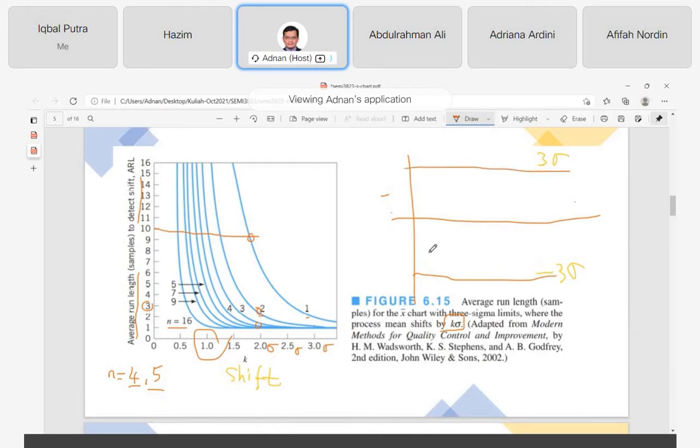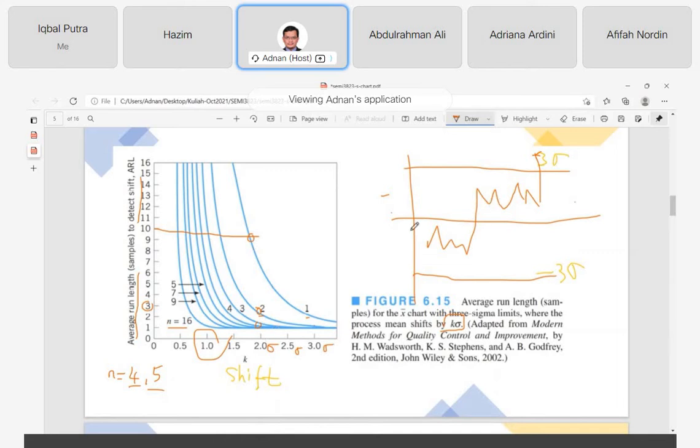So now let's say you are running a process, and suddenly a shift happens like this. Then there will be a point outside the limit. Assuming this shift, let me take an easy number here, 2.